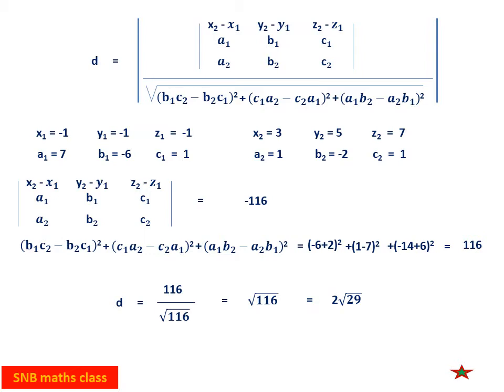You have to identify the components x1 y1 z1, x2 y2 z2, then a1 b1 c1, a2 b2 c2, then remember the formula, then substitute. Both are similar, so it is left to you whichever you use, but in examinations sometimes you have to find it using the Cartesian form only, and using the vector form you have to use the vector form. So that is the difference.